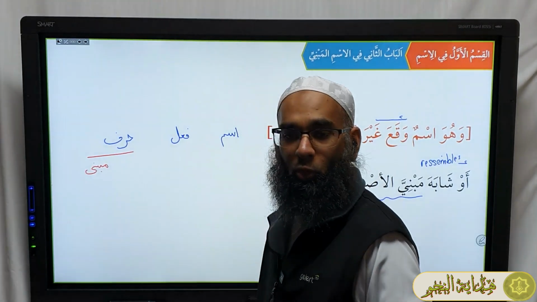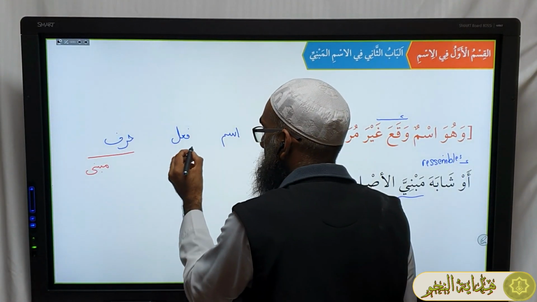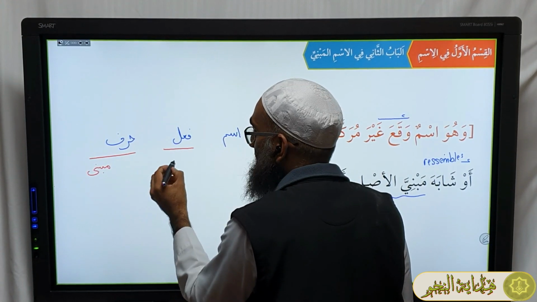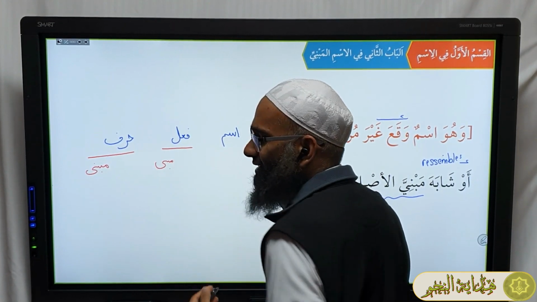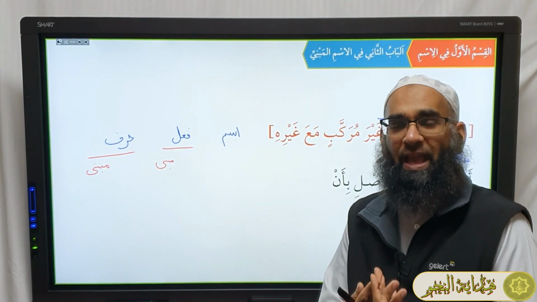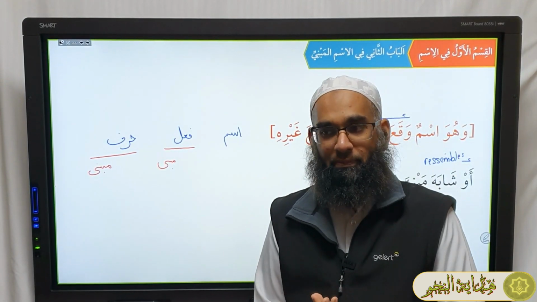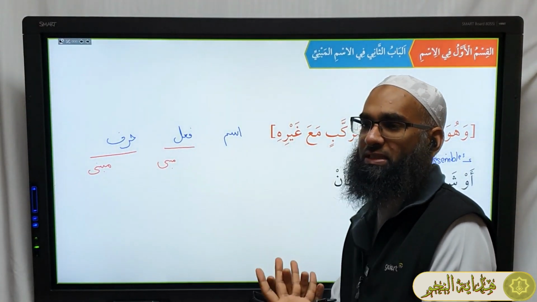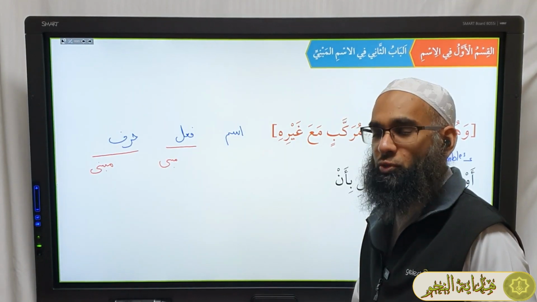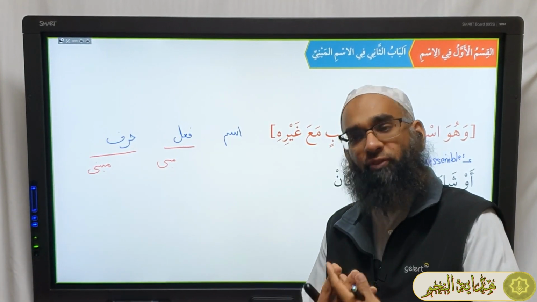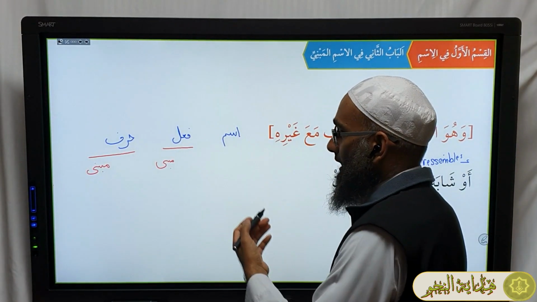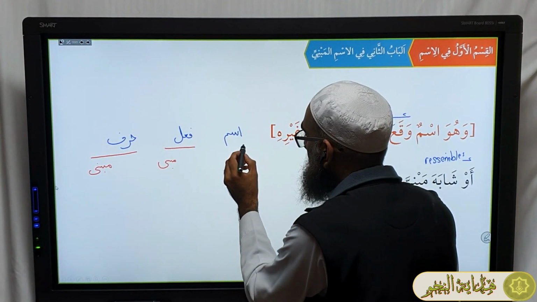Mabni. All huruf are mabni. Fa'il should also be mabni, because i'rab is just there to express the state, and fa'il doesn't have a state. Yes, they're marfu', mansoob, majzoom, but that doesn't show the grammatical function.